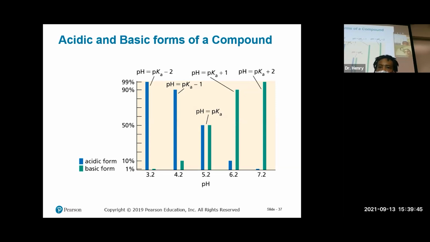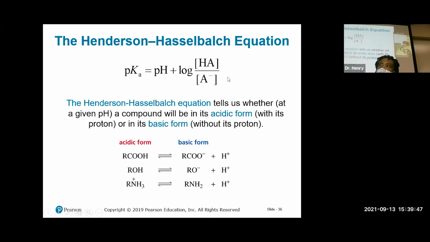So let's go back. If it's a log, then we know that the pKa, which value is higher? If this log is a negative value, which one is going to be higher, the bottom or the top?